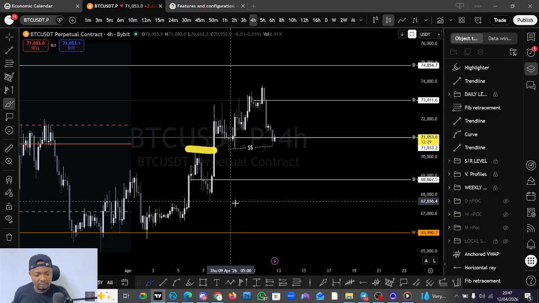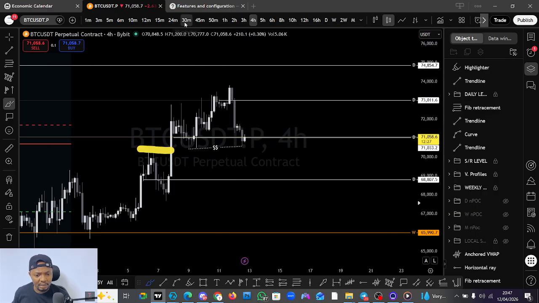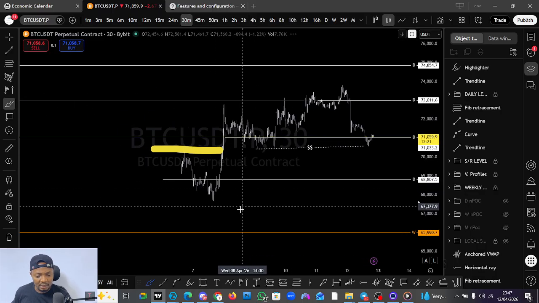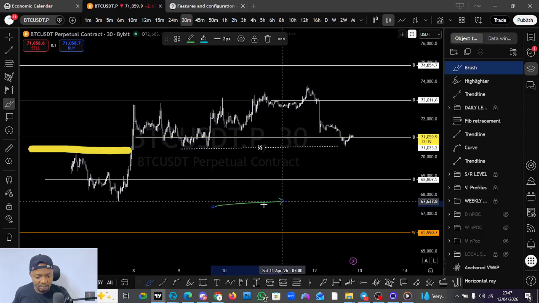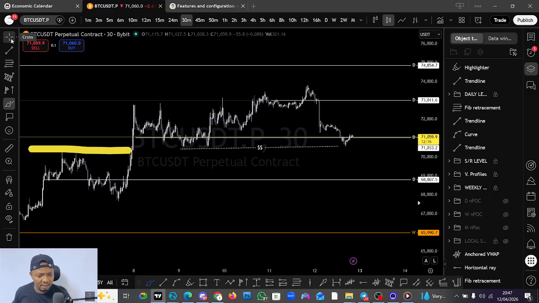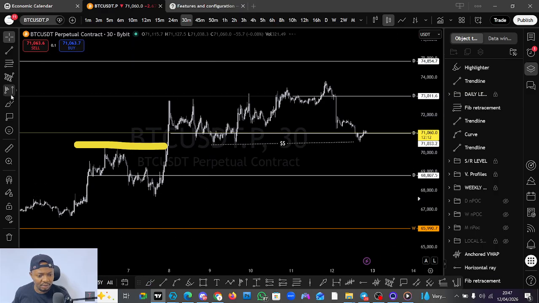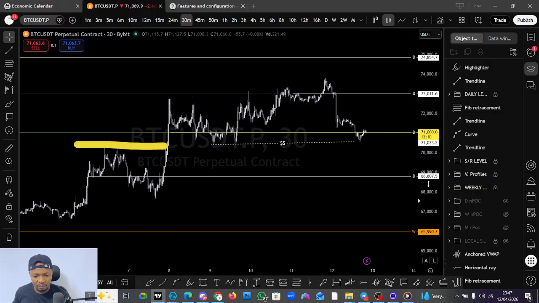And you might argue, let's go to the 30 minutes time frame now. You see that we can arguably say that the range that led to that breakout is in this region.